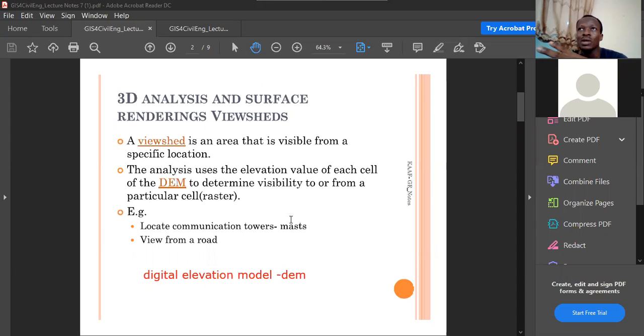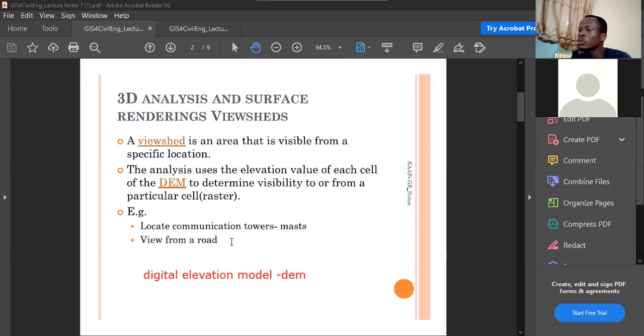Where signals can reach, you can get reception, if your phone is not a bad one. So in locating communication masts, one of the things that should ideally be done is a viewshed analysis, except if they don't care about the customers, because there are places where signals don't reach in the city, which is really sad.